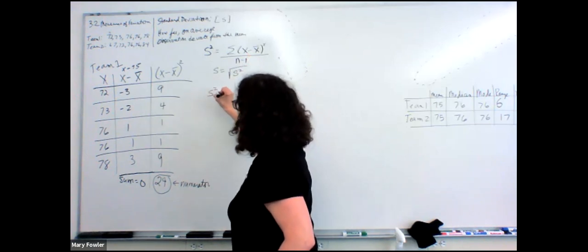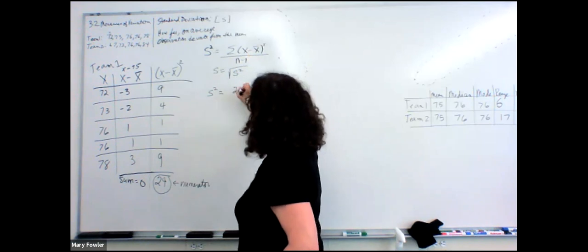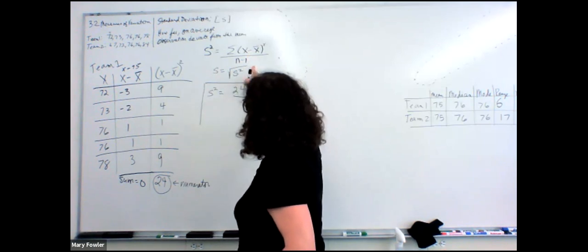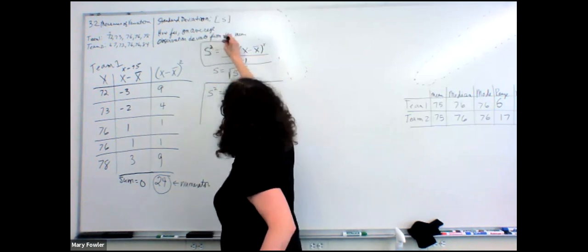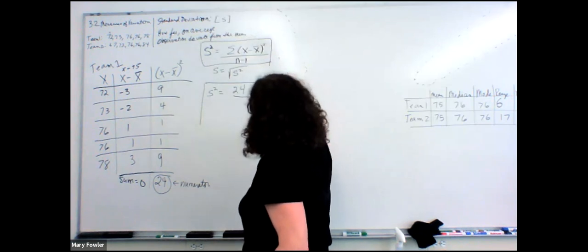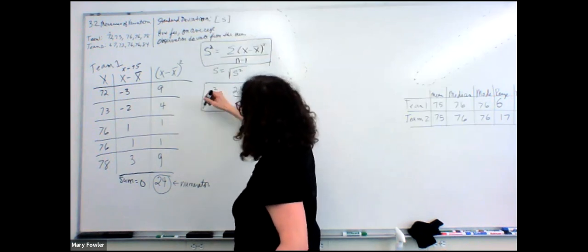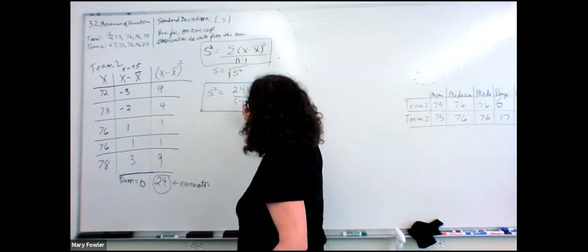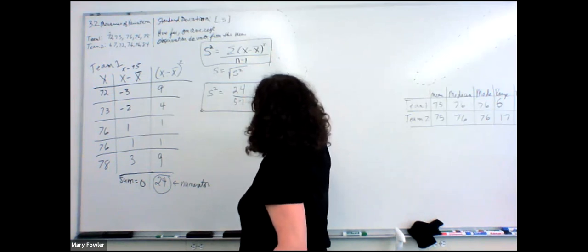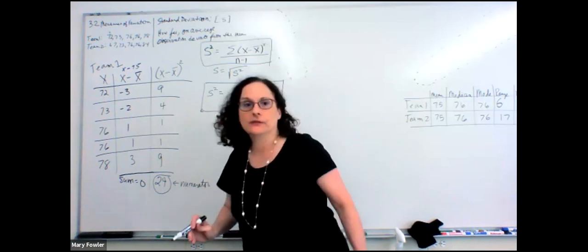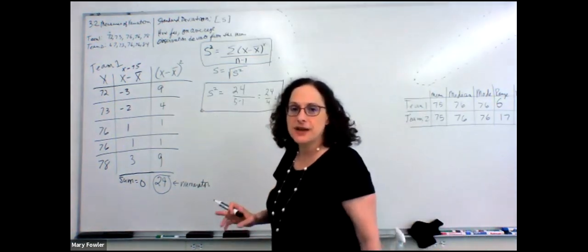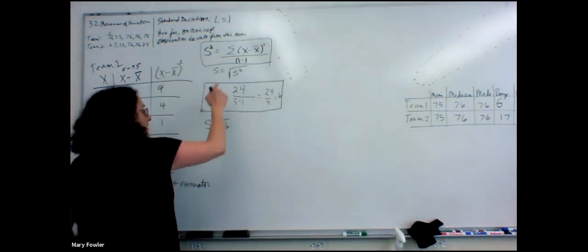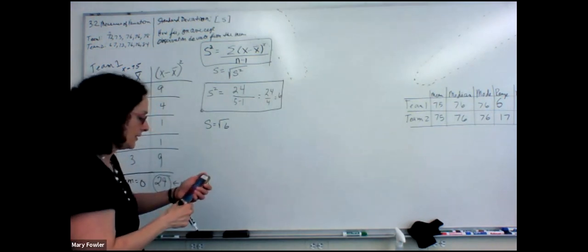So we have then s squared is equal to 24 divided by, I'm just going to put this in a box so that you know what part of the formula I'm working with. Okay, and so it's 24 divided by 5 minus 1, or 24 over 4, and that's equal to 6. So the standard deviation is going to be the square root of 6. Standard deviation is the square root of s squared.